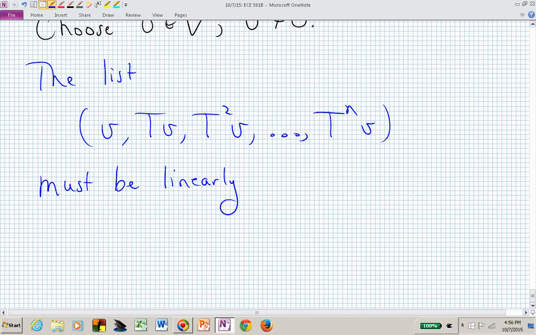Can we say anything about it? How many vectors are in that list?